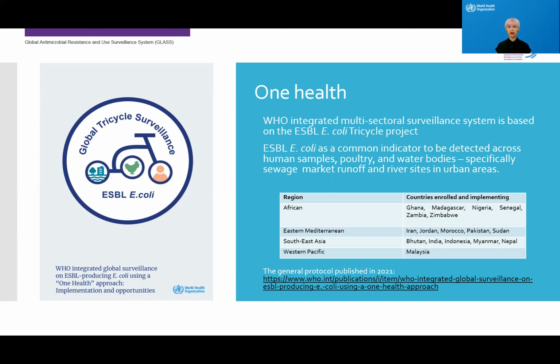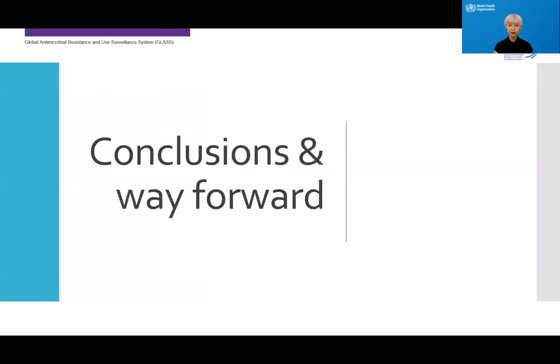You can see below that the project has been piloted in a number of countries in the last few years in 4 of the WHO regions, and the experience gathered through the piloting has informed the publication of the final GLASS protocol.